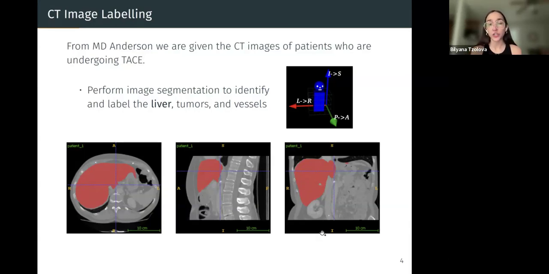So a practitioner will go through all 100 to 200 of these images in order to label the liver, the tumor, and the vessels of the patient. So highlighted here in red is the liver of this patient. And then highlighted here in orange is the vessels of this patient. So as you can see, the vessels are a very small portion of the liver as a whole.